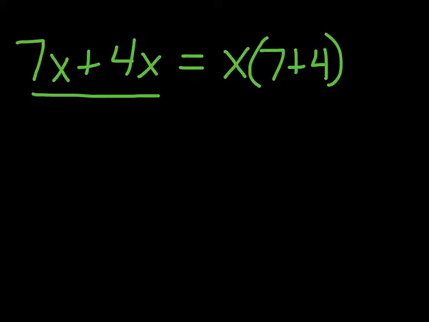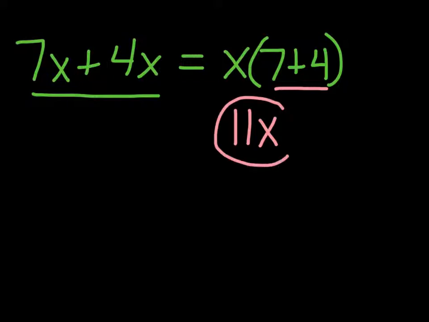Going one step further, we can simplify by adding our 7 and 4 together to get 11 and multiplying that by x. So 11x is the simplified version of 7x plus 4x. We call a variable expression simplified if it contains no grouping symbols and all the like terms are combined. So 11x qualifies.